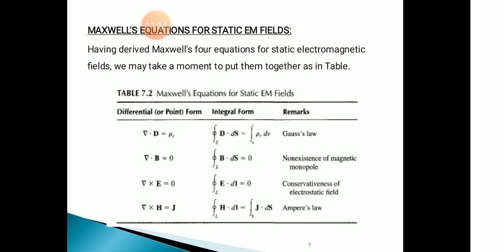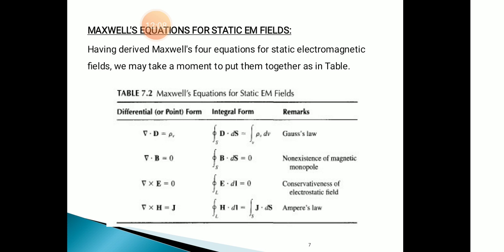One is the integral form, the other is the differential form, also known as point form. Having derived Maxwell's four equations for static electromagnetic fields, we may take a moment to put them together as in a table. The first one is del dot D is equal to rho v. This is derived from Gauss law.